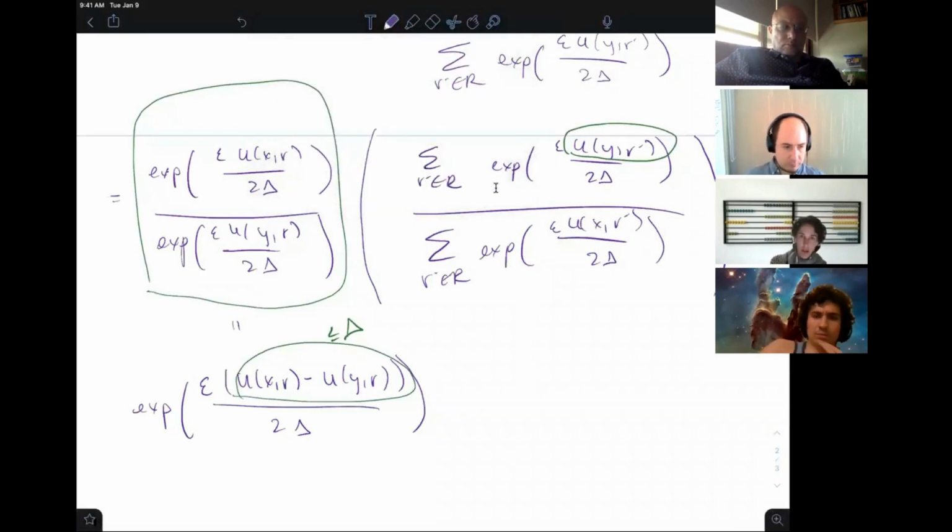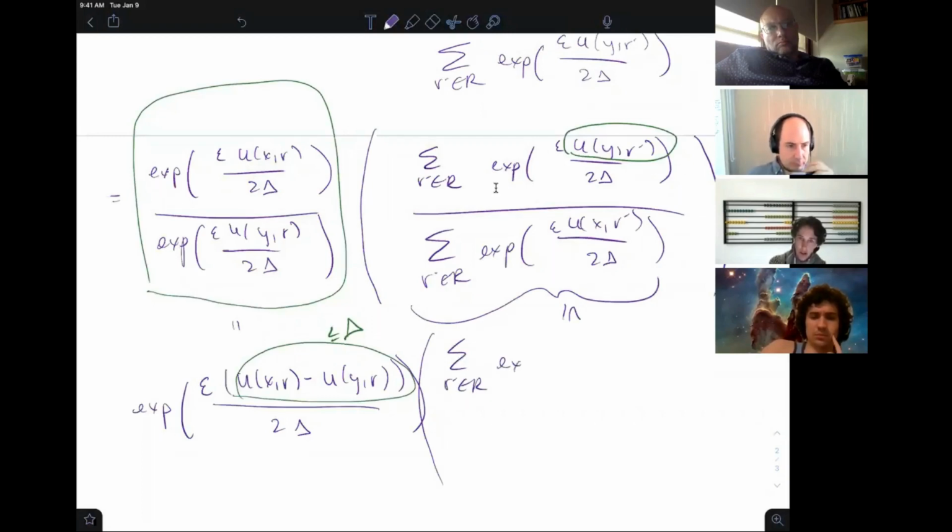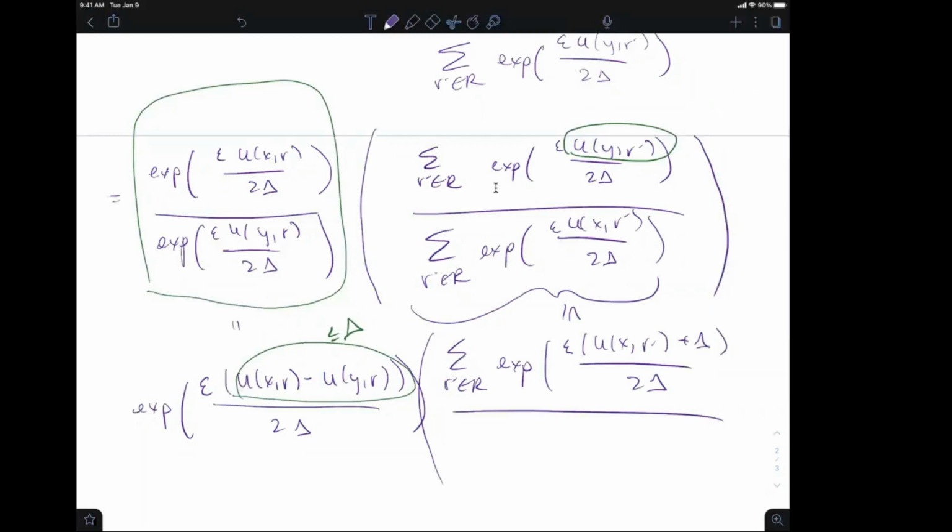So this is then less than or equal to here, for this piece. I've got the sum over r prime and r, x of epsilon times u of x r prime plus delta divided by 2 delta. All of that, r prime and r, x epsilon u x r prime over 2 delta.